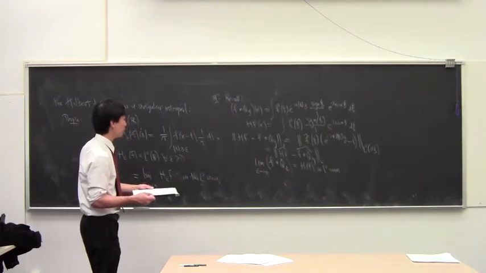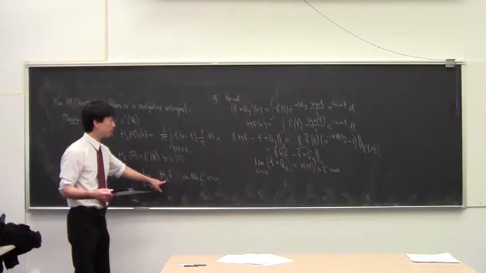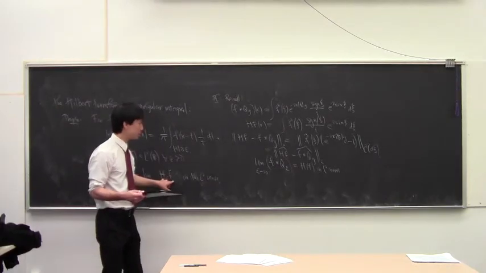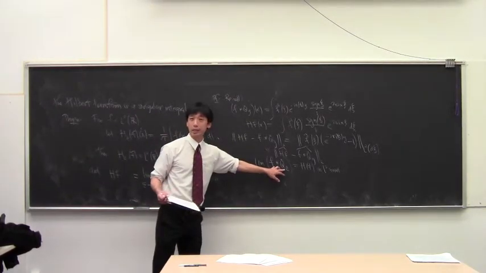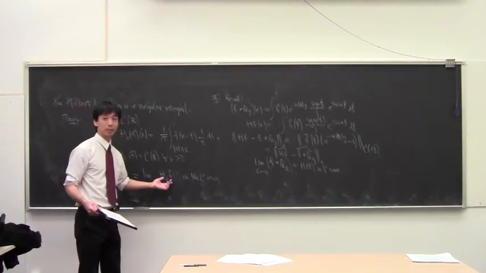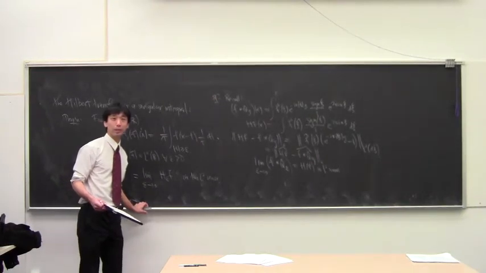Okay. So what we need to show is that these guys get close to these guys in the L2 sense. And once we have that, that'll do it, because then these guys will converge to the Hilbert transform in the L2 sense.